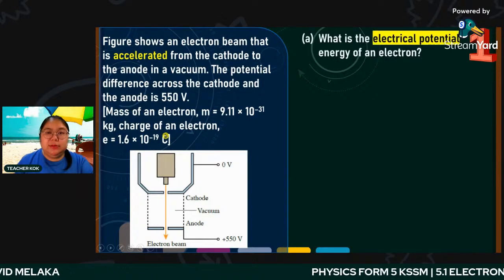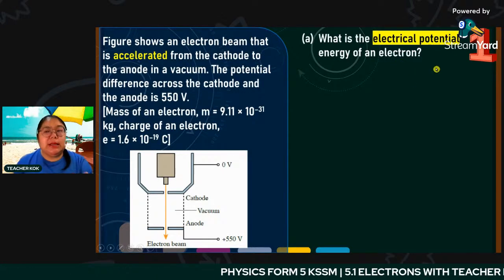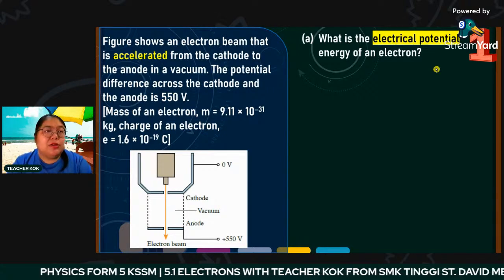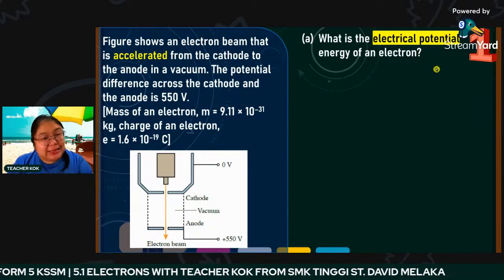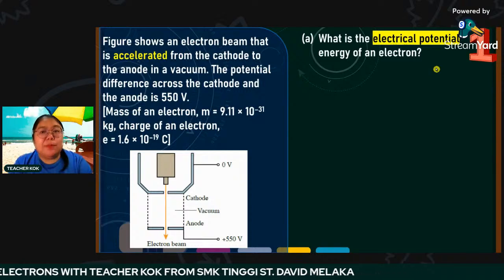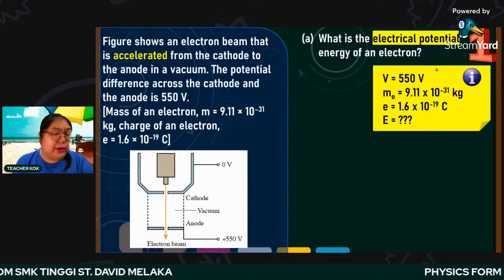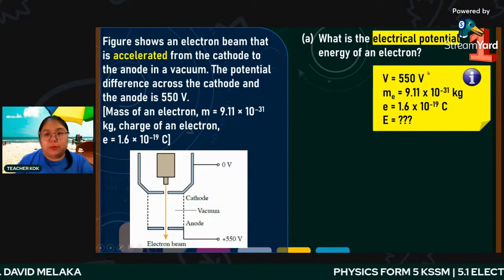Let's see the question. What is the electrical potential energy of the electron? That means they want us to find capital E, the electrical potential energy. So from here, we need to write down the info first. Every piece of info you need to drop down.